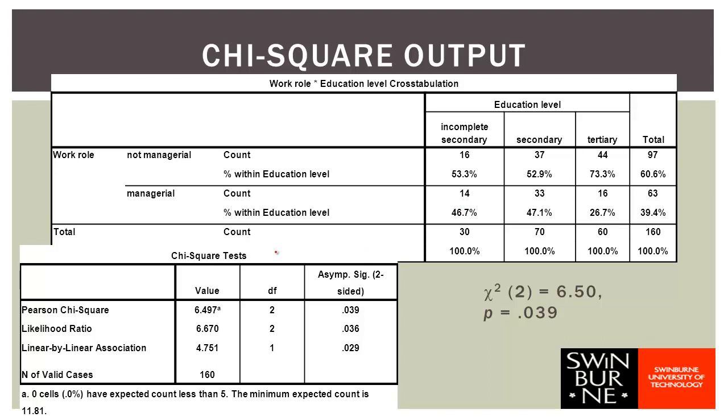And then we have our chi-squared test table. The bit that is important for us is this top row, the one that says Pearson chi-squared.